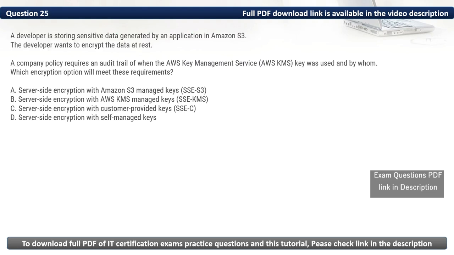Question 25. The developer is storing sensitive data generated by an application in Amazon S3. The developer wants to encrypt the data at rest. The company policy requires an audit trail of when the AWS Key Management Service key was used and by whom. Which encryption option will meet these requirements?